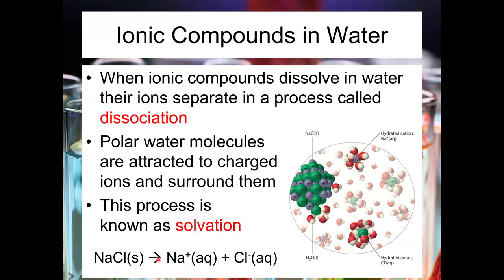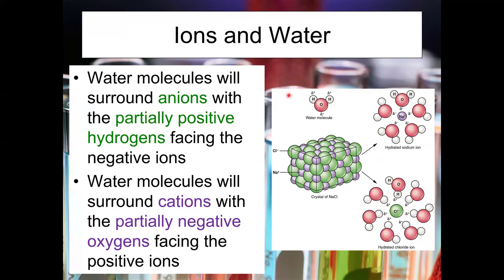Sodium chloride solid becomes Na+ aqueous plus Cl- aqueous. Because when sodium chloride becomes an aqueous solution, it actually separates into its ions through a process called dissociation. So those ions in water are going to be surrounded by water.